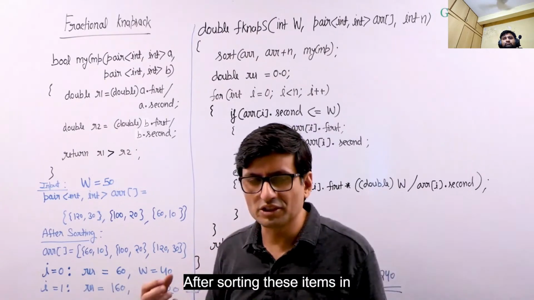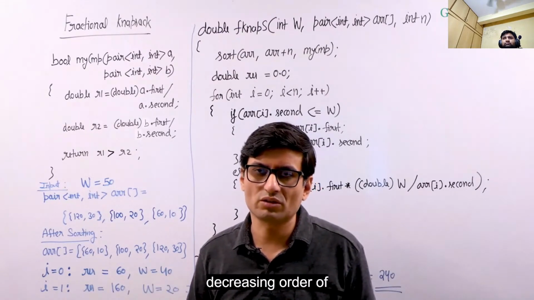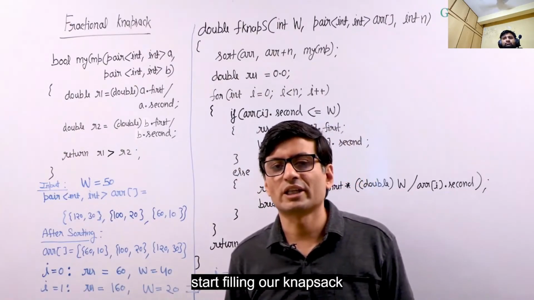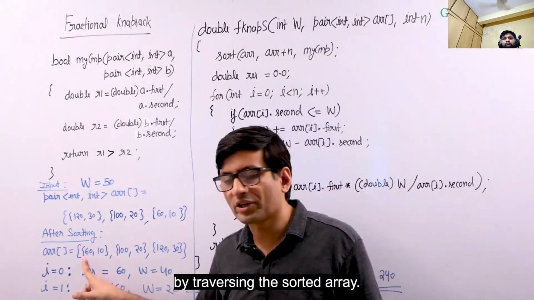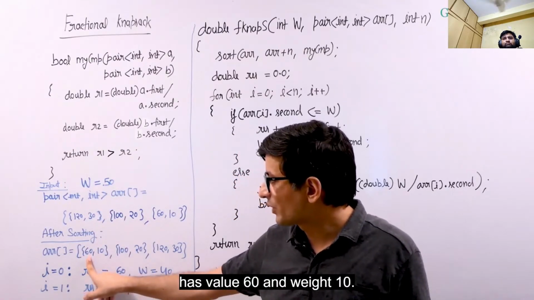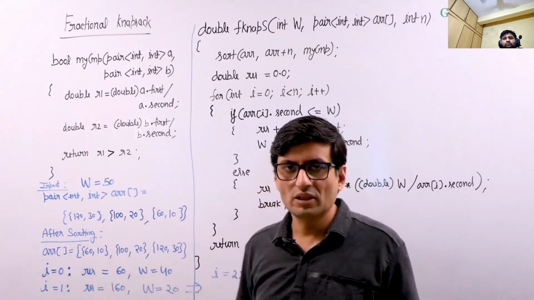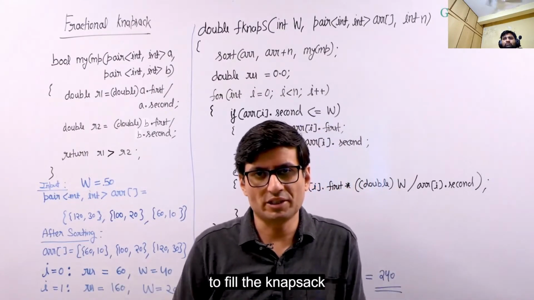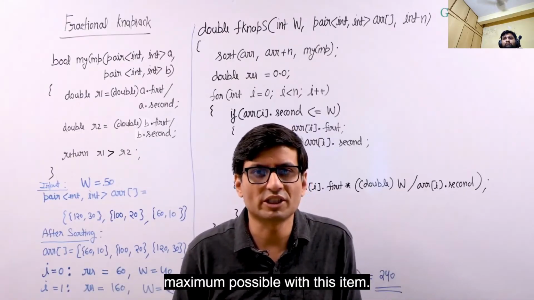After sorting these items in decreasing order of value per weight, we start filling our knapsack by traversing the sorted array. So our knapsack has capacity 50 and the first item has value 60 and weight 10. And when you are at the current item, you try to fill the knapsack maximum possible with this item.